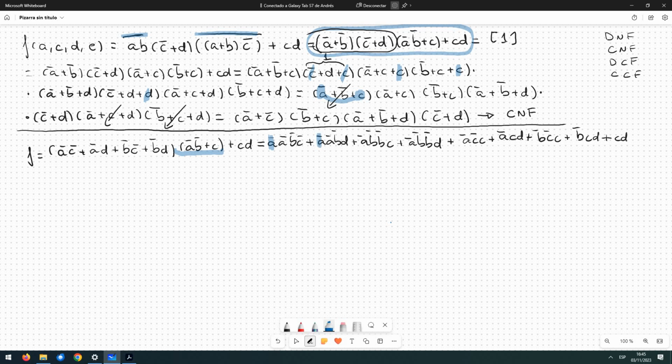Here again the A, here the B, here the B because it's repeated. Here we have the C and the C negated, so we can remove the term because it's 0. And here we have again the C and the C negated.